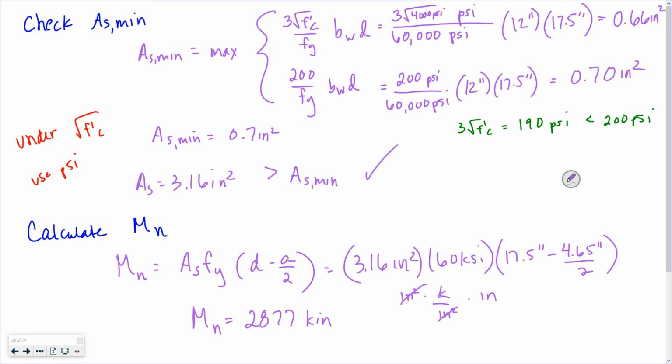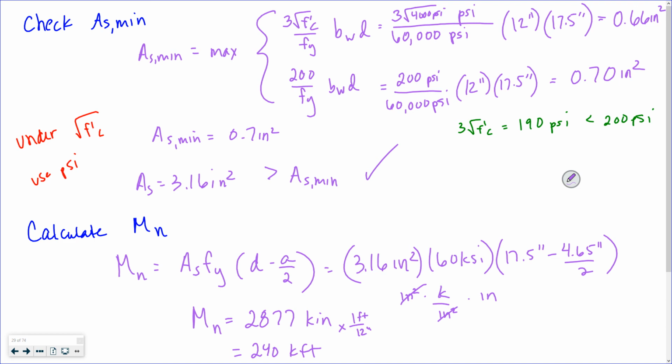We probably want to know what that is in feet, so times 1 foot per 12 inches. And you get 287 divided by 12, so 240 kip-feet. And that's my nominal capacity, not reduced by a phi factor.